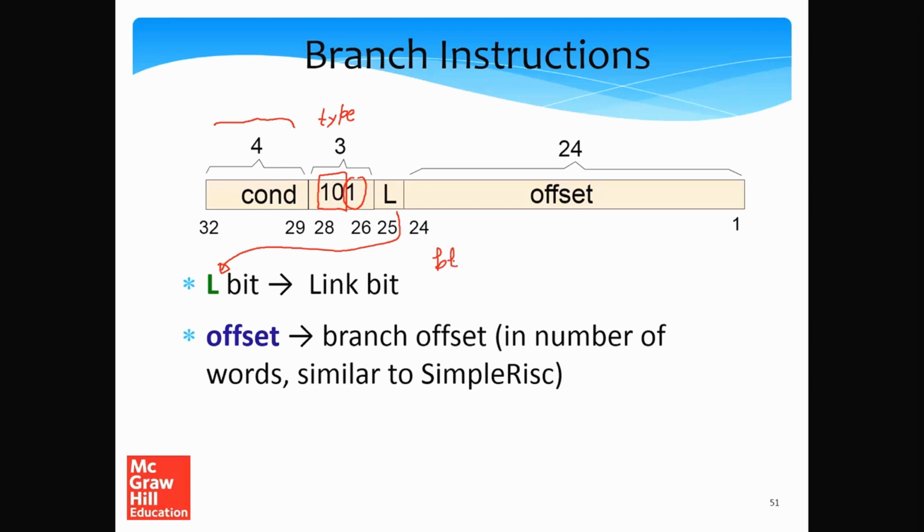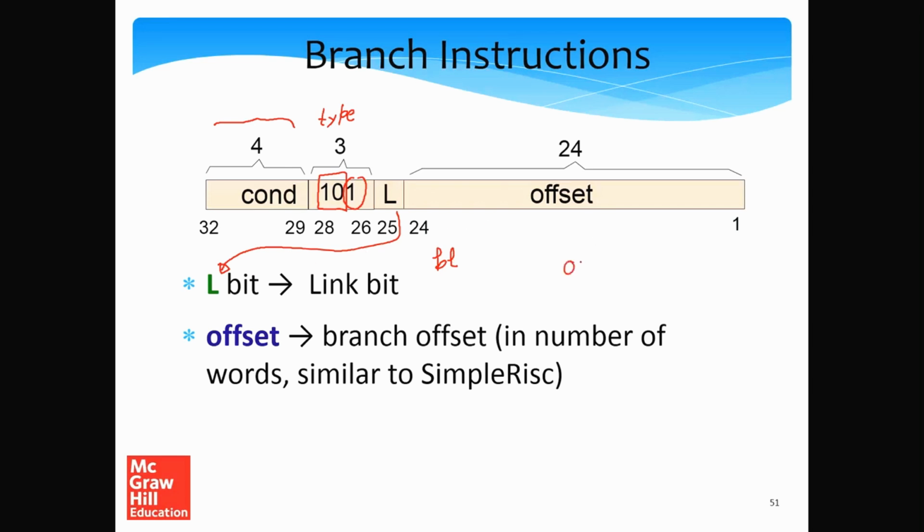If the link bit is 1, it basically means that the return address register is set, so we are looking at a function call. And subsequently, we have a 24-bit offset. This is the branch offset, very similar to simple RISC. And also similar to simple RISC, this is not the offset in terms of bytes, it's the offset in terms of memory words. A memory word is defined as 4 bytes in this case.